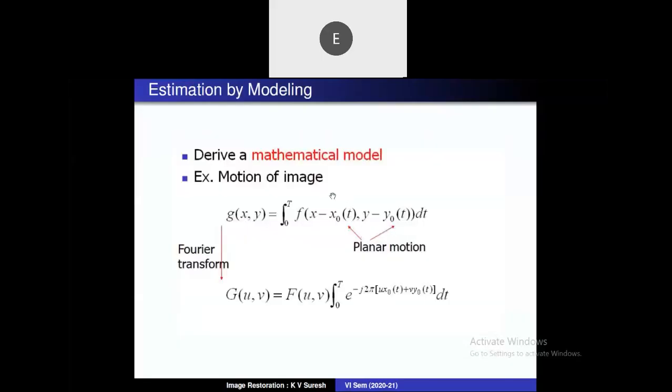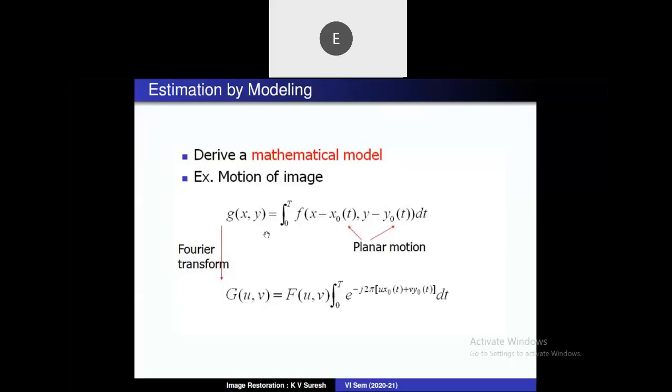So during the exposure time, whatever changes happen in the image are going to be averaged. That is particularly so when there is movement. For example, if you are trying to capture an image of a football game, people are moving very fast. So because of this motion, whenever you capture the image, you may not get the image to be clear.